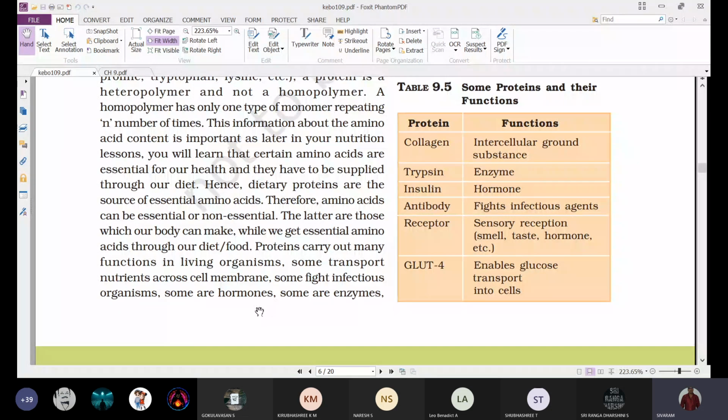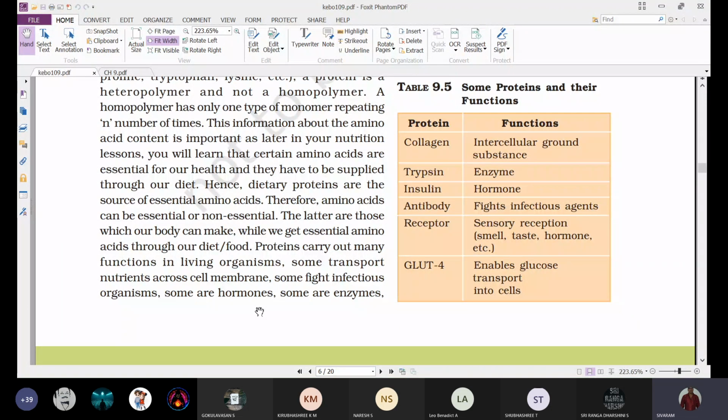They will help in fighting against the infectious organisms, thus providing immunity to our body. Providing immunity to our body is the main role of these antibodies. And next, some are hormones. There are some hormones which are made up of proteins, peptide hormones.